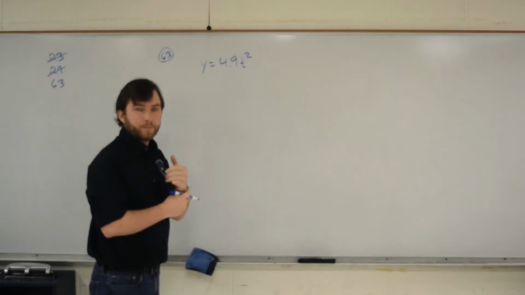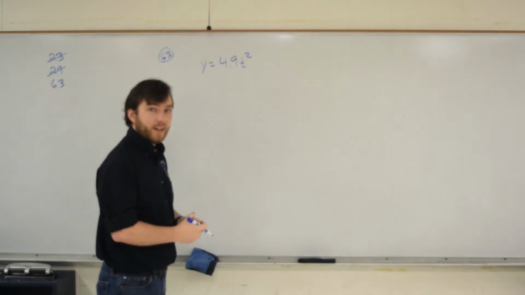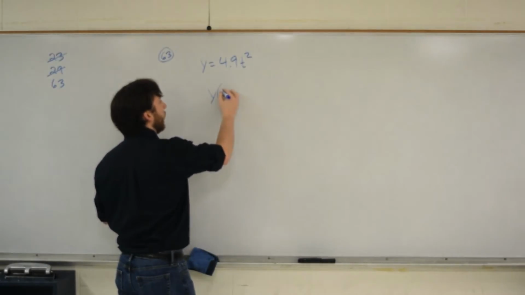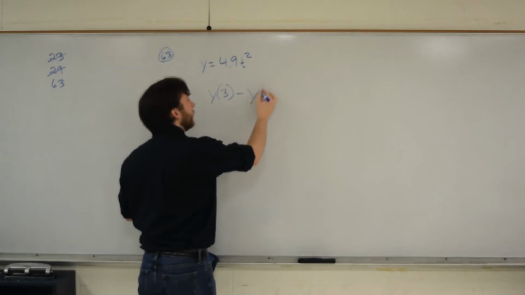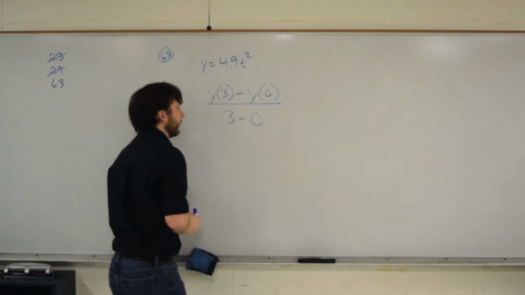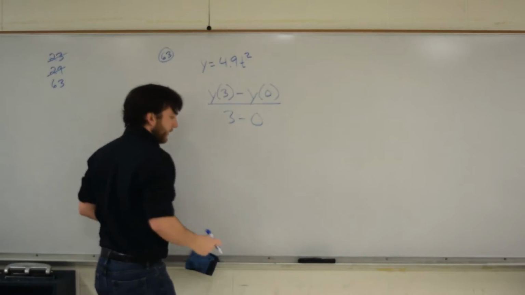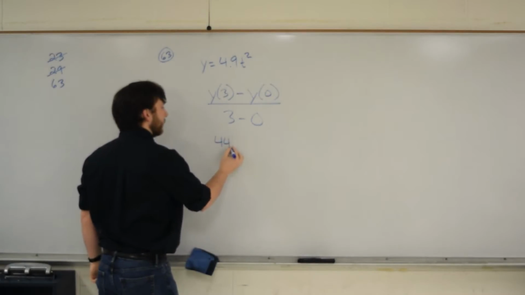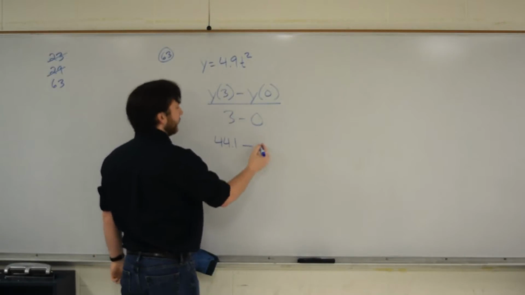Number 63. To find the average velocity during the first 3 seconds, we need to find y of 3 minus y of 0, and we'll divide that by 3 minus 0. Plugging 3 in, I already did this, I got 44.1. Plugging 0 in, you get 0.